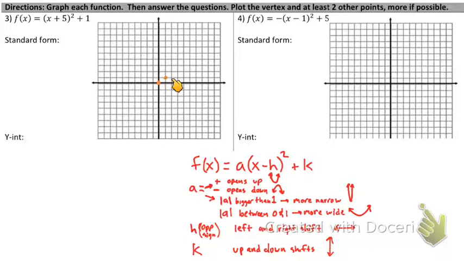Over 1 again, up 3. 1, 2, 3. Over 1 again, up 5. 1, 2, 3, 4, 5. Okay, this is called the 1, 3, 5 pattern. All parabolas have that 1, 3, 5 pattern, the original parabola.